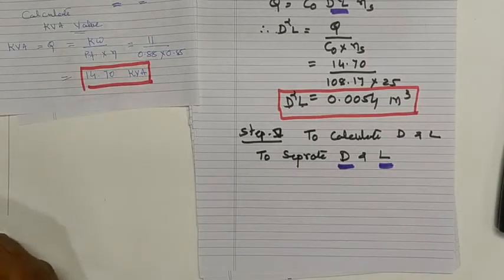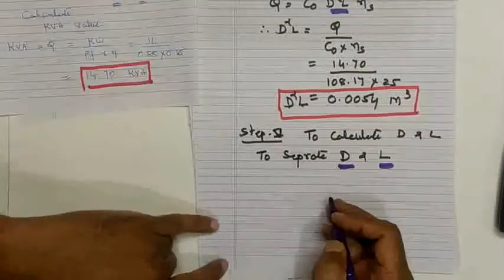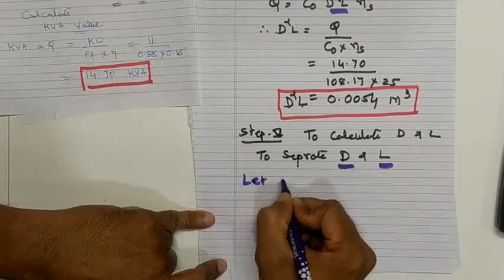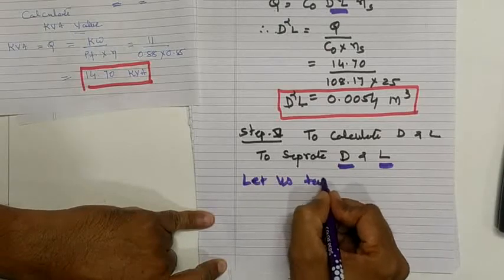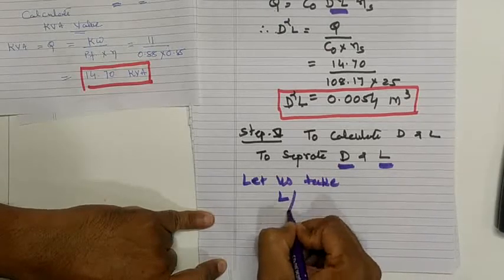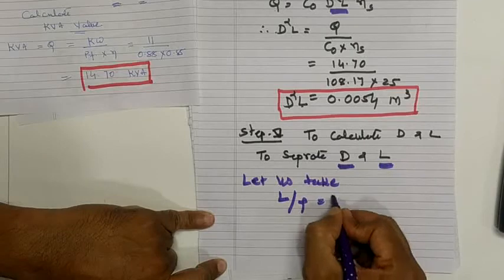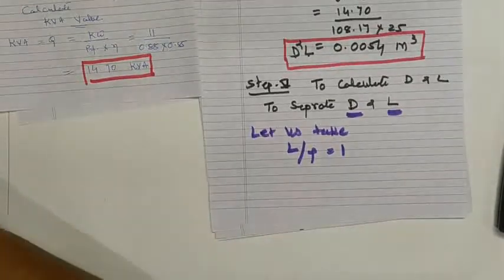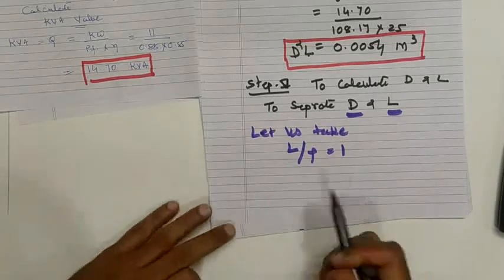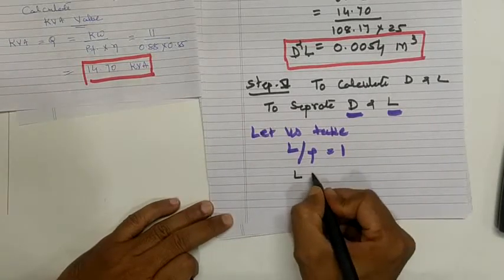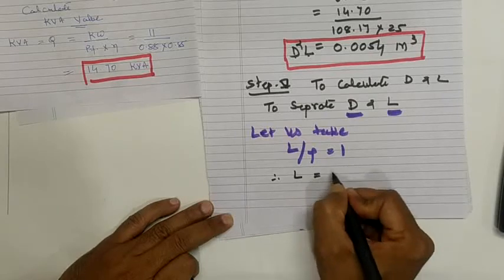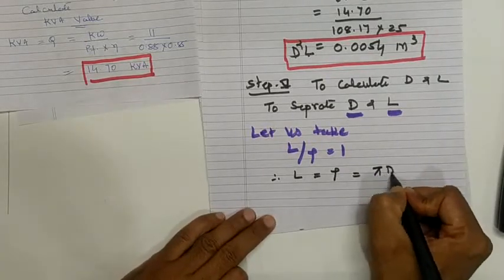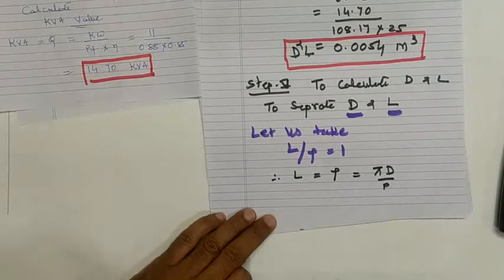At this point we have to consider the ratio given. Let us take L by tau equal to 1, right? This is given. Based on this, L is equal to tau. Tau we know is pi d divided by p.